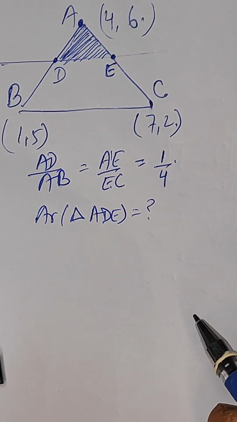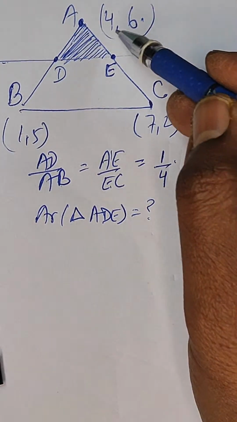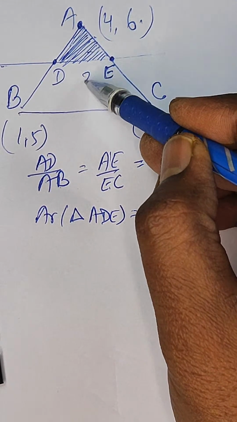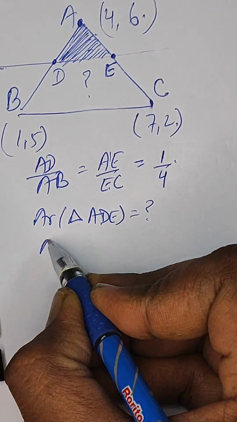Now, compare it with the area of the triangle ABC, and this needs to be compared with the entire area, that is area of the triangle ABC.